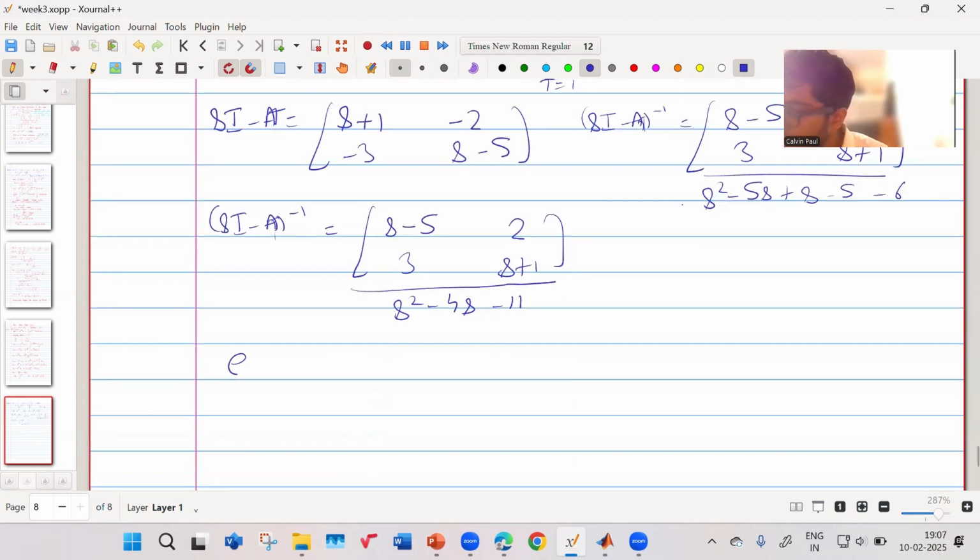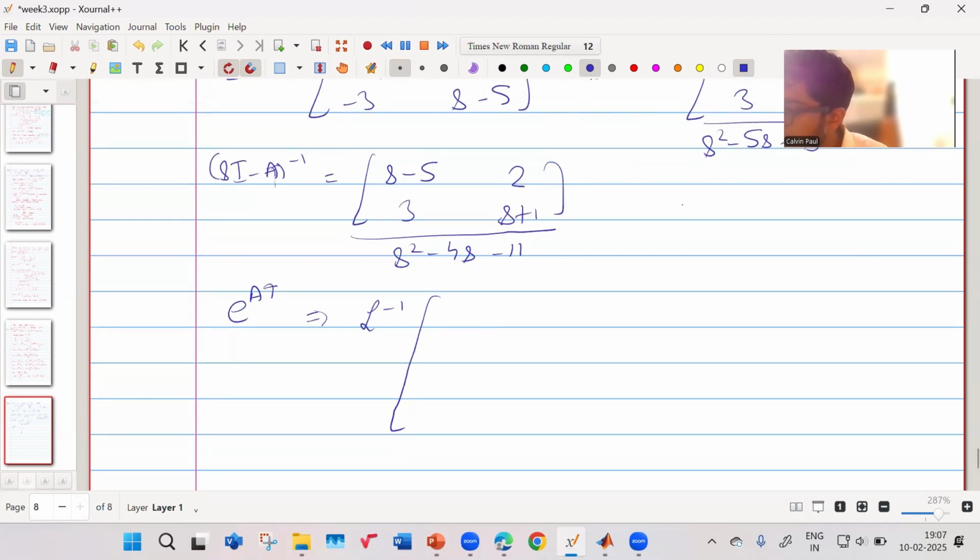So our e to the power At is actually the Laplace inverse of this: s minus 5 over s squared minus 4s minus 11, 2 over s squared minus 4s minus 11, 3 over s squared minus 4s minus 11, s plus 1 over s squared minus 4s minus 11.